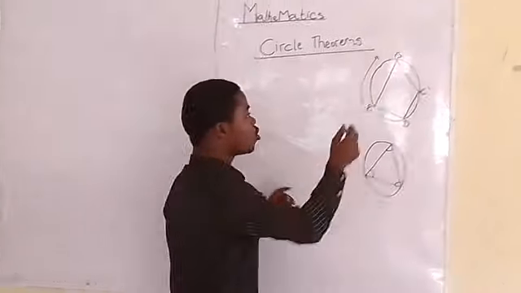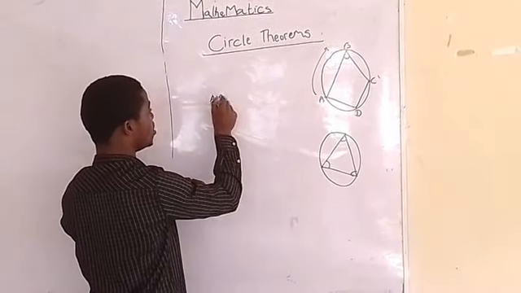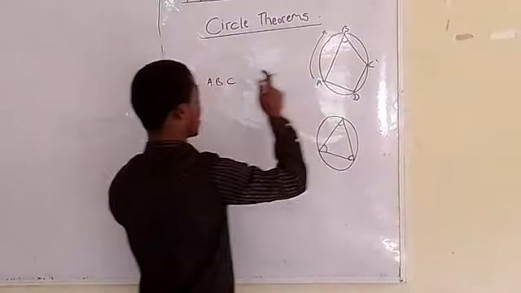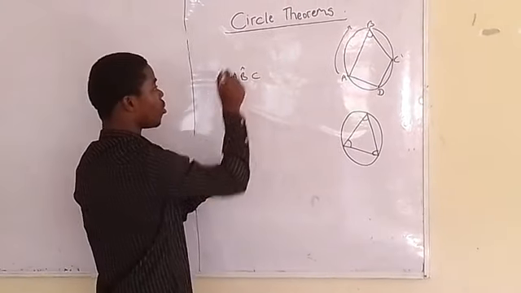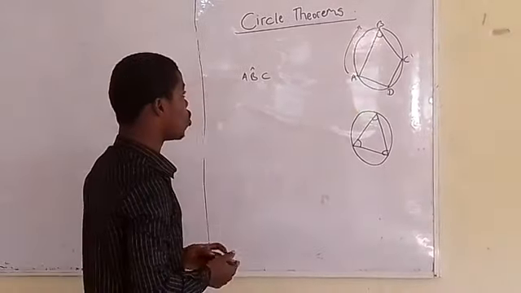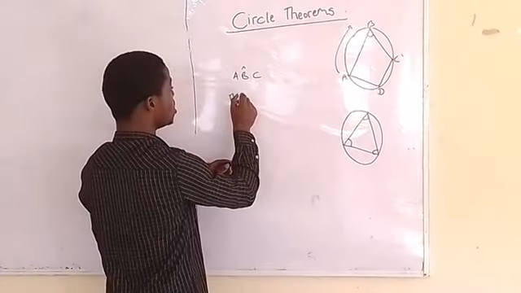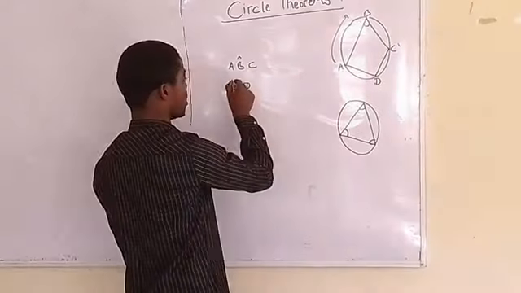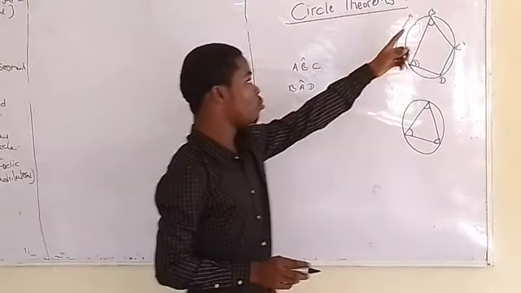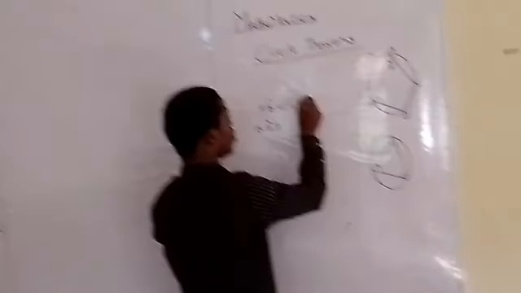So the angle here is called angle ABC. You can see that it forms angle ABC, and there's always a sign on top of B to show that I'm referring to angle B. Also, if I want to talk about angle A, I'll call it angle BAD, and I'll put a sign to show that I'm referring to angle A. So this angle B, let's say it is X. Angle ABC is X degrees.